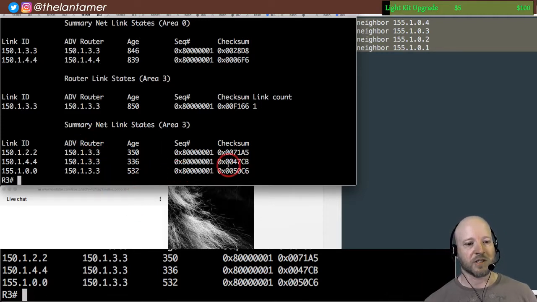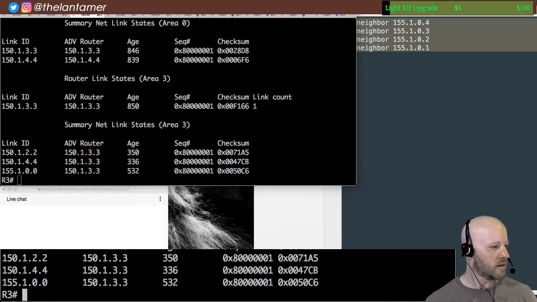But these are essentially ABRs to area 3.